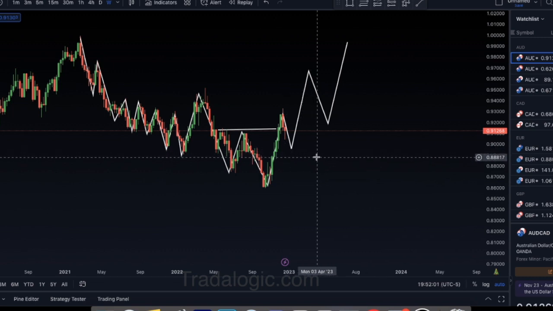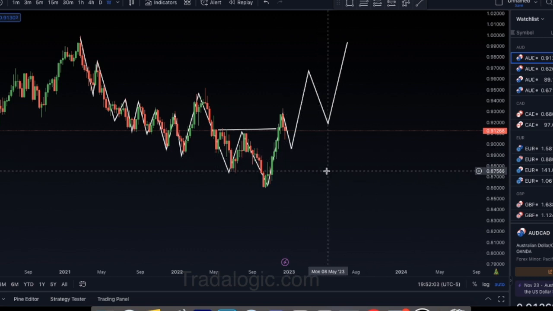We just do this to get more confluences, just in case we get two setups, where one setup is telling us to buy and another one is telling us to sell, and we look at the higher time frame and see the weekly is bearish. We're gonna take the sell side over the buy side because we have a confluence on the higher time frame, which is very strong.